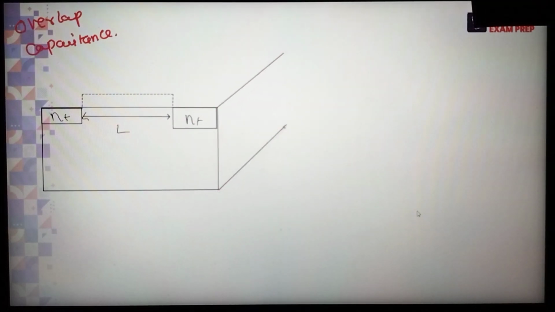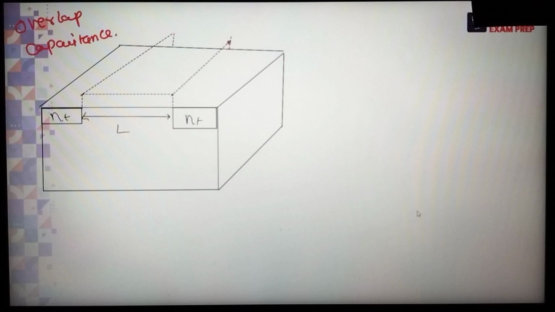Is that clear to everyone? Yes. This is extra. This length is called the overlap length. This is the overlapping here.